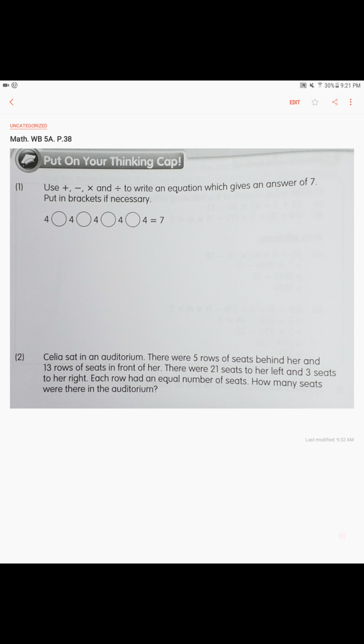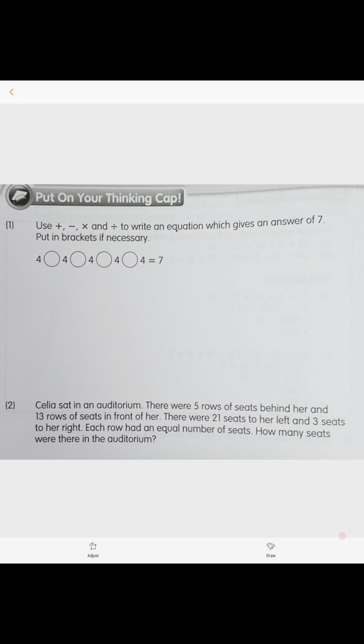Alright, this is page 38. Let's think about it. Use different operation signs and put them in the circles: plus, minus, times, and the division sign, to write an equation which gives an answer. There are several solutions to this problem.